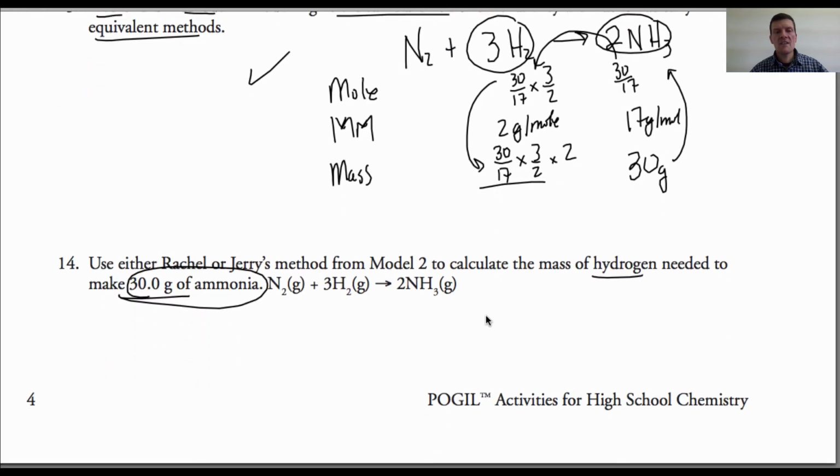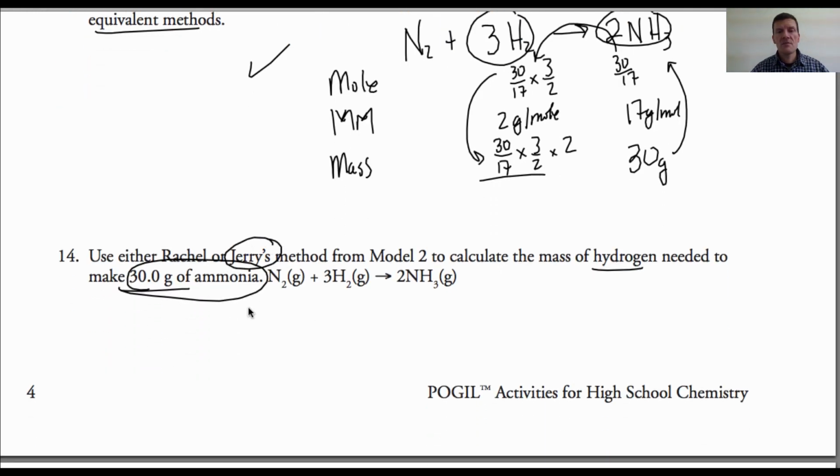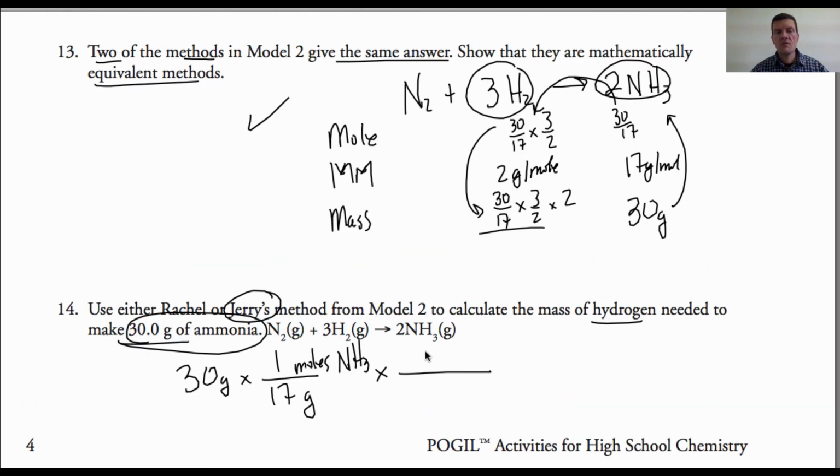So if you want to write that all out using Jerry's method, it looks like this. 30 grams, and then I'm going to multiply by 1/17, because that's grams to moles. This is for NH3. Then I'm going to use my mole ratio, and I have 3 moles of hydrogen for every 2 moles of ammonia.